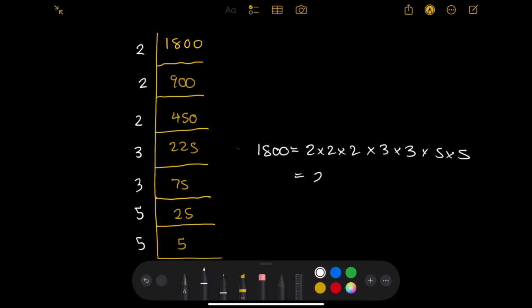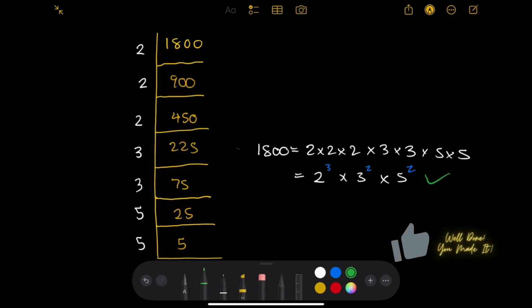And then if I write it more simply, it's 2 cubed multiplied by 3 squared multiplied by 5 squared. Then of course we know 8 times 9 times 25 gives me 1,800. Then this answer is correct.